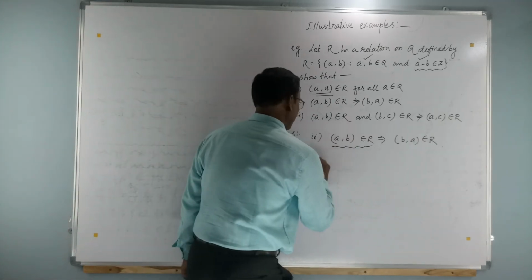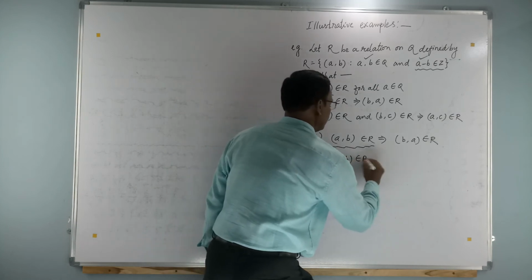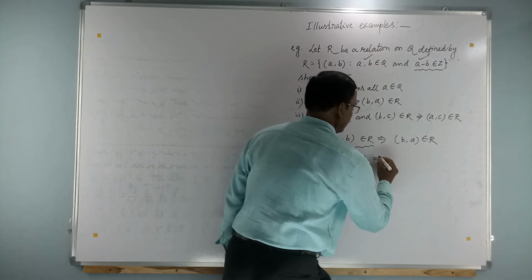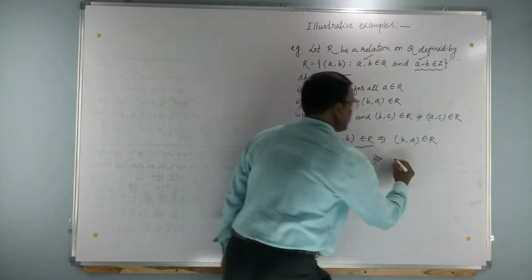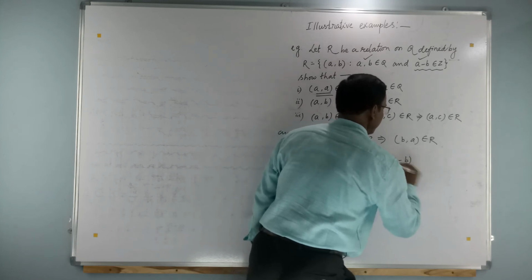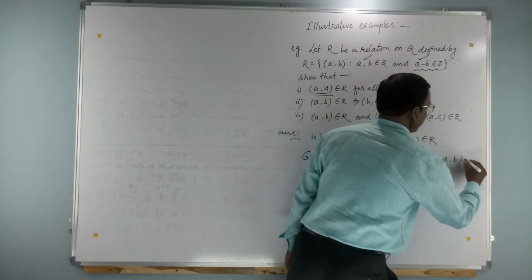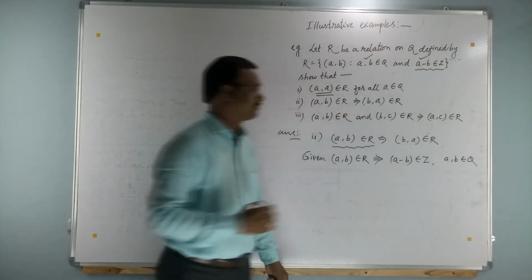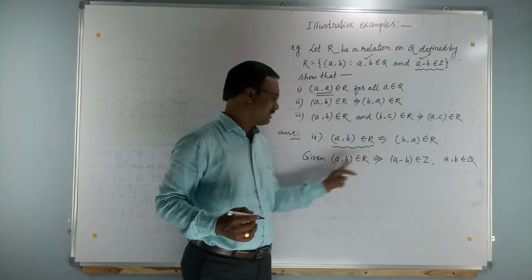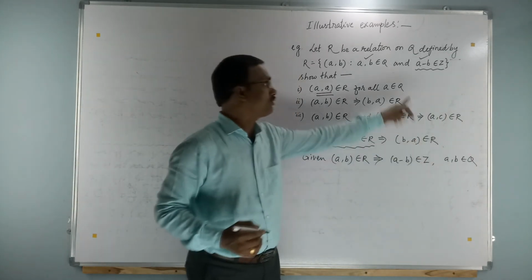So given (a, b) belongs to R, this will imply a minus b belongs to Z. Obviously a, b are from Q. Since (a, b) belongs to the relation, a minus b belongs to Z according to the condition given in the definition itself.